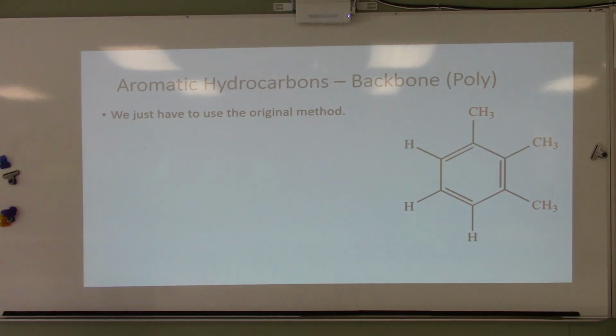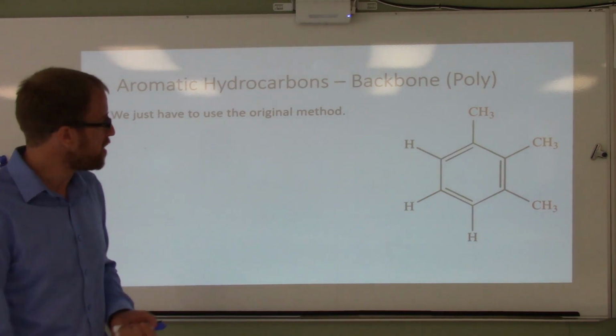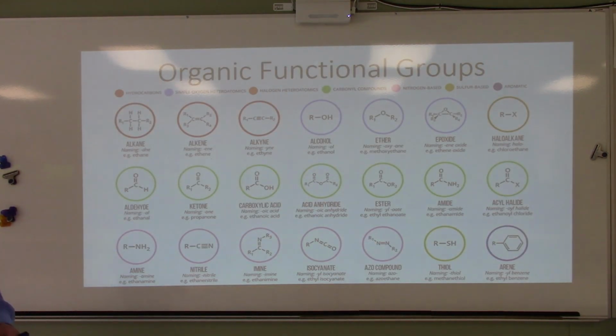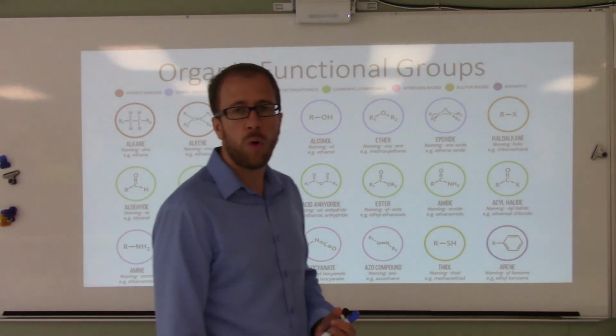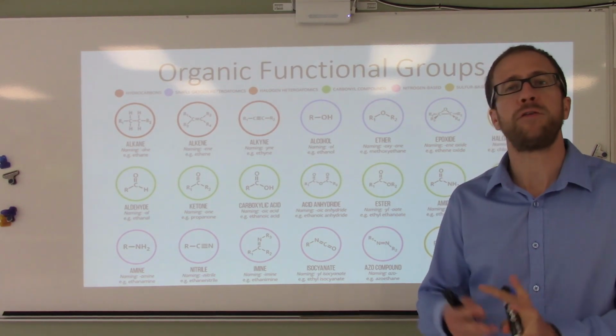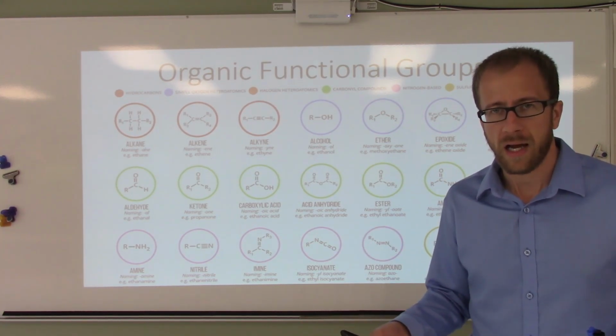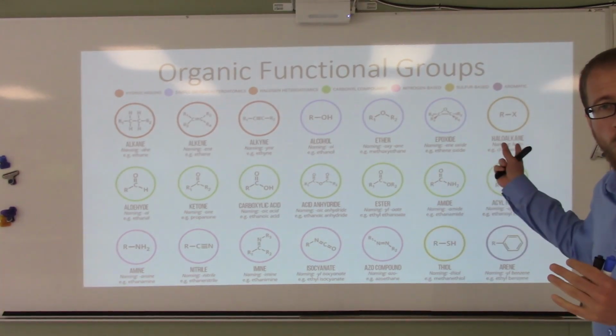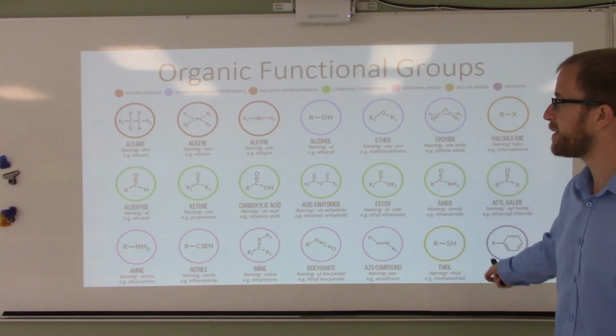Alright, so for poly, we just use our original method, right? So this one here would be 1,2,3-trimethylbenzene. So I've touched on just a few of the substituent groups. We're going to learn a couple specific ones right now, but there is a whack load of substituent groups.